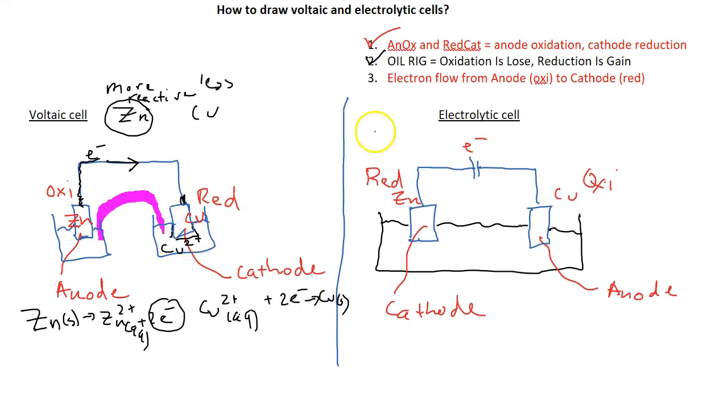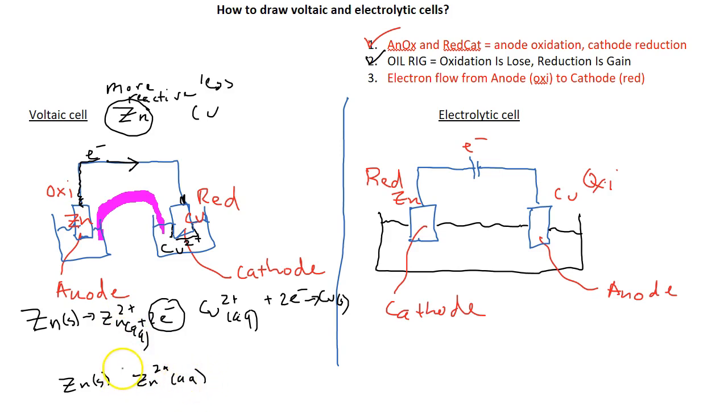Now sometimes you have to write a shorthand cell notation, so it's kind of like an abbreviation, in which case you're going to have the anode on the left and the cathode on the right. So you can write zinc solid, becoming zinc 2+ aqueous, right here.